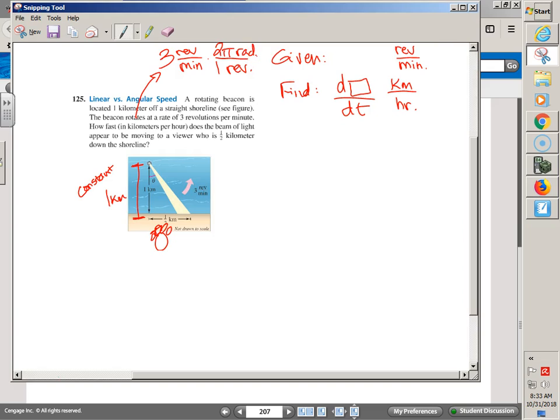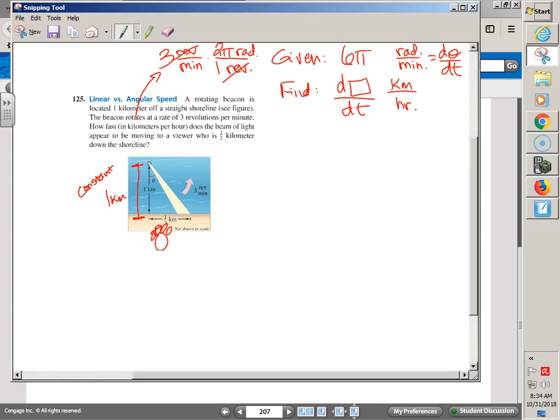What is this? This is d theta dt, angle, how fast the angle is moving. So I could say 3 revolutions per minute is 6 pi radians per minute. All right, and that's equal to d theta dt. Revolutions always have to do with angles.